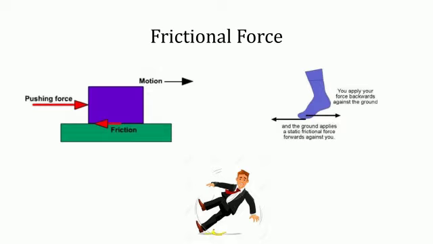This is because force of friction comes between the ground surface and object in motion. Frictional force is present in all the objects which are in motion. It is acting in the direction opposite to the direction of motion of the object.